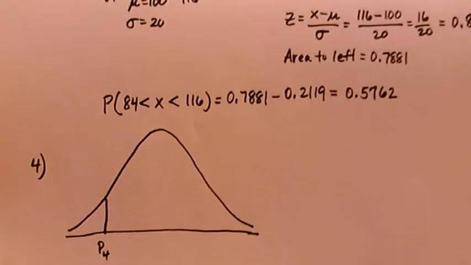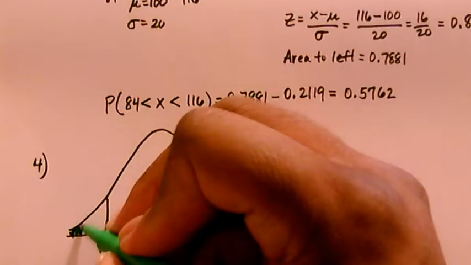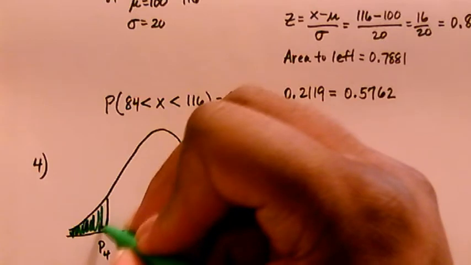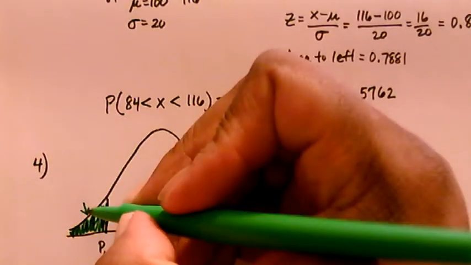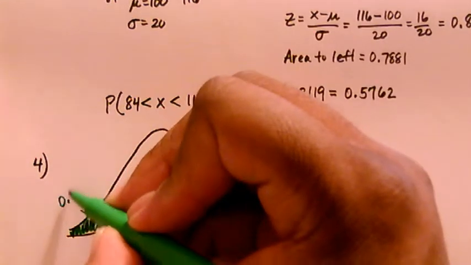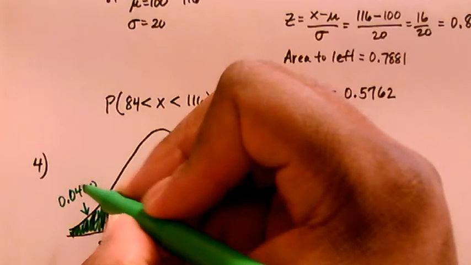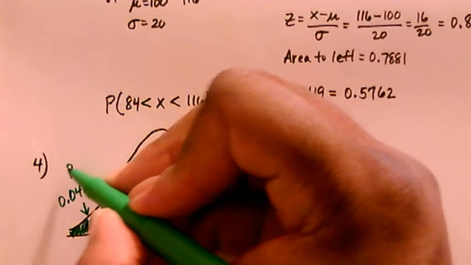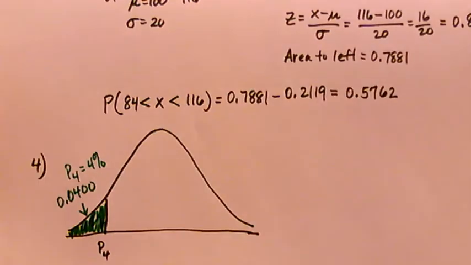And this shaded area represents the bottom 4%. Now 4% as a decimal would be 0.04, and I'm going to extend this to 4 decimal places. So this is P4, or the 4%, or 0.0400.